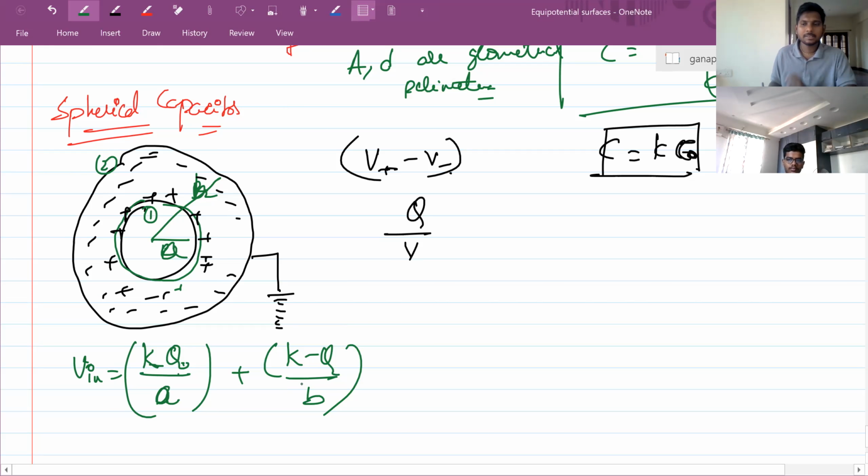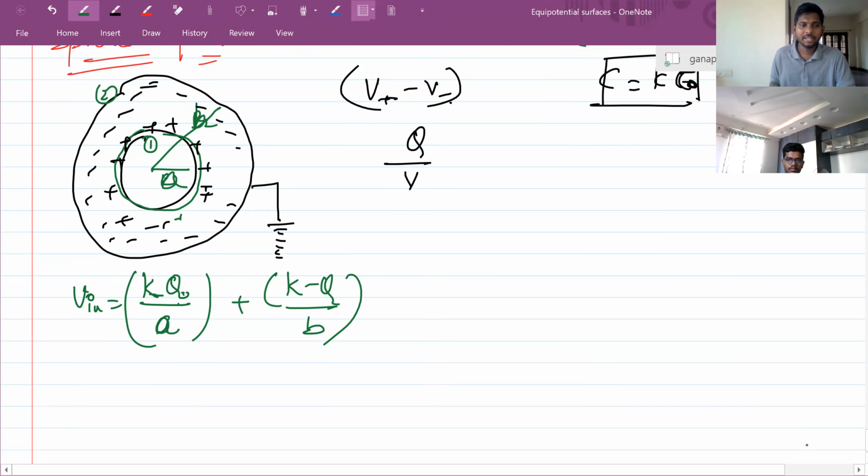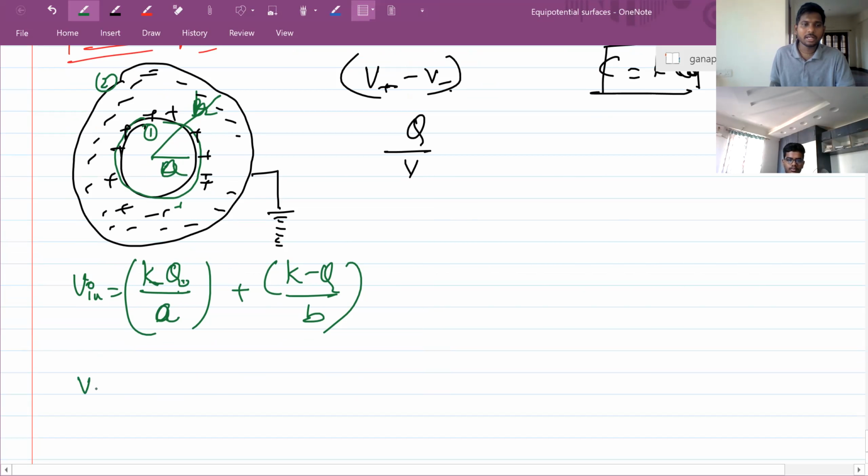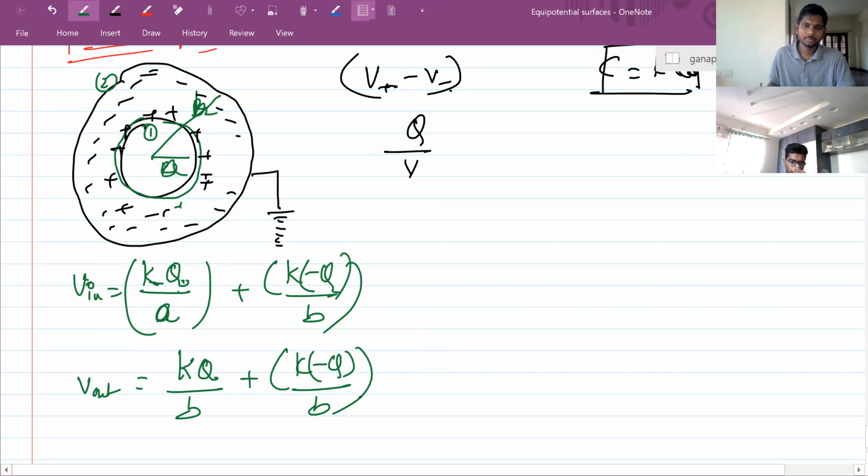Then V outside, at the outside sphere, will be KQ by B plus K into minus Q by B. Do you accept this or not? First case, due to this sphere at the outermost shell, what will be there? KQ by B only.